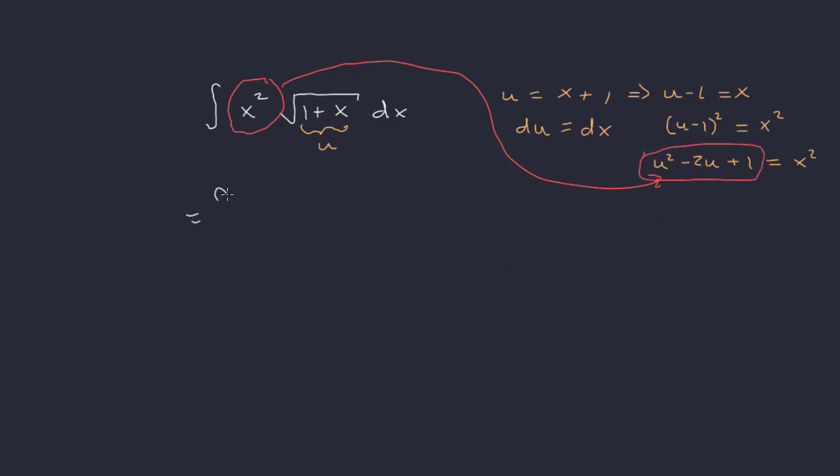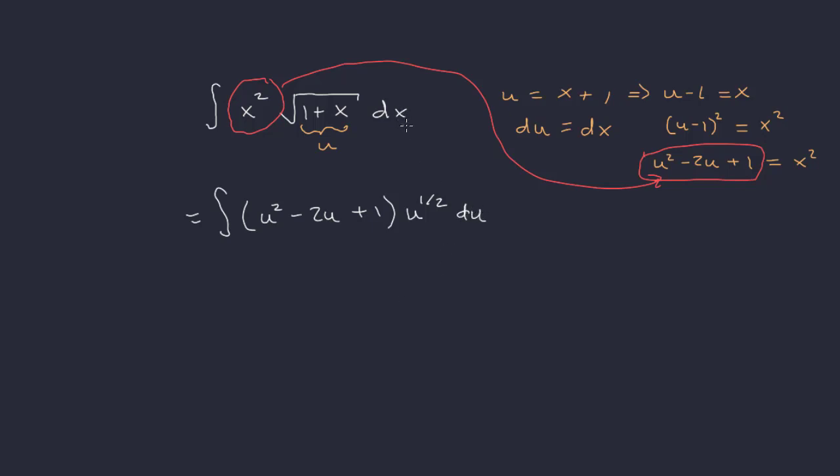So let's do that. Our x squared becomes this thing here, u squared minus 2u plus 1. Our square root of that stuff becomes the square root of u. And actually, to simplify this a little bit, I'm going to say that that's u to the 1/2.